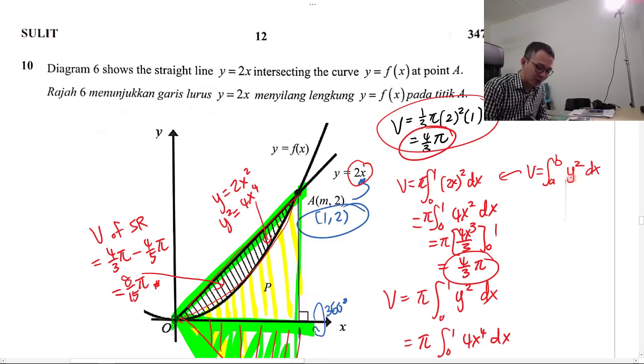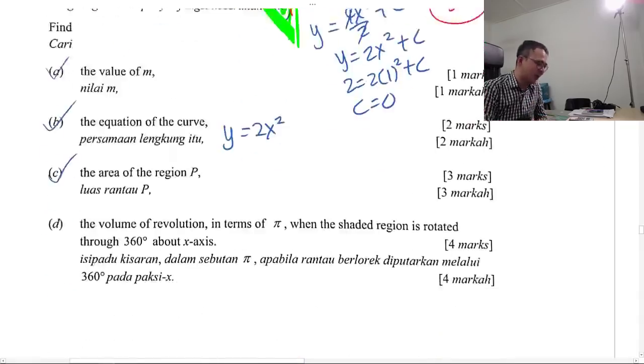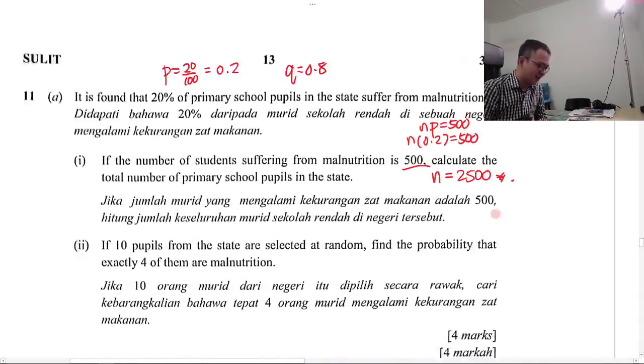I substitute the 2x into the y here, and then I square the 2x. Squaring the 2x, I actually get 4x squared. There's a pi outside, sorry. There's a pi here. This is the formula to get the volume. Then you just substitute in and solve it. You should get the same result. Okay, if you can understand the cone method, just use back the cone method. Okay, let me come back to this one.